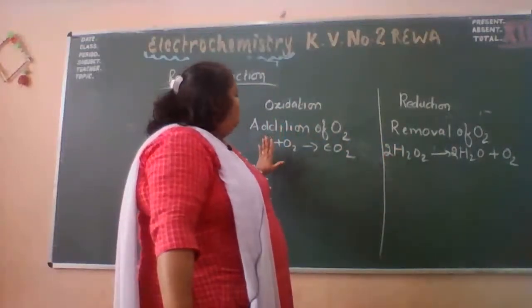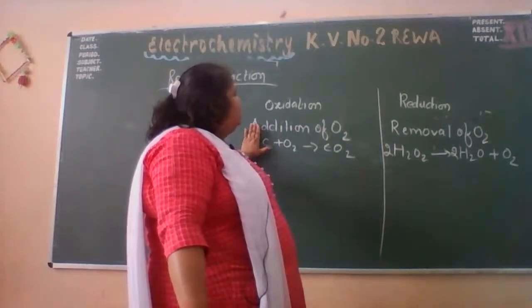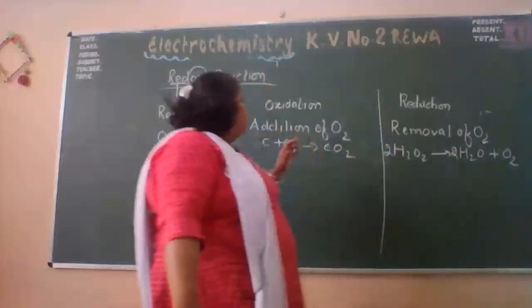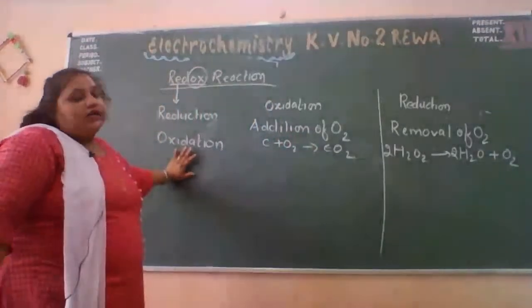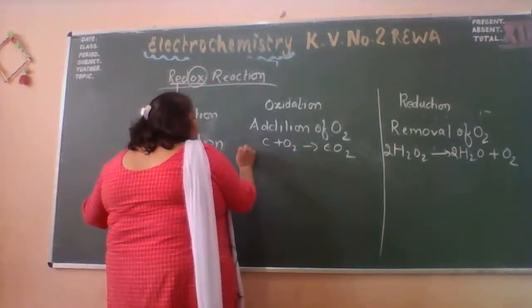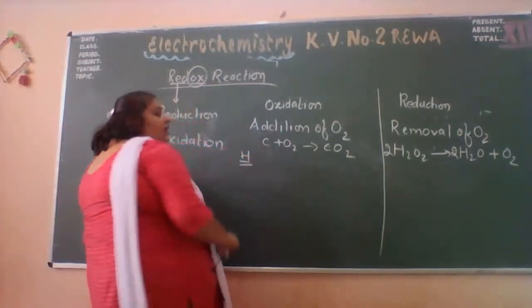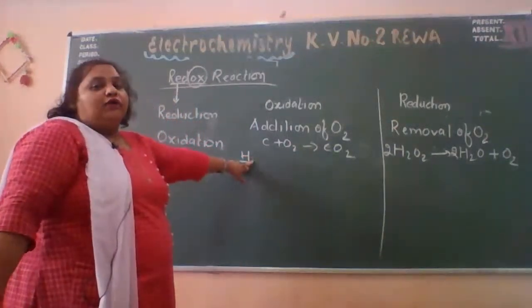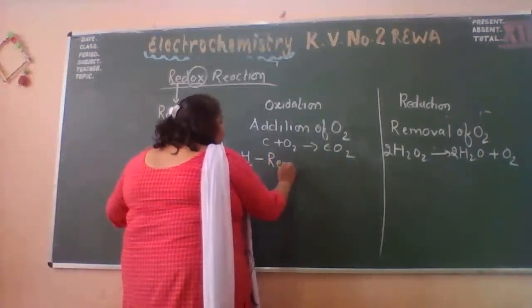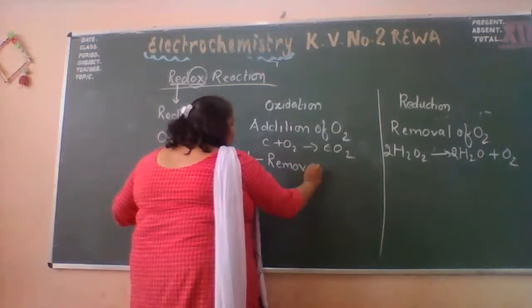So addition of oxygen is called oxidation, and removal of oxygen is called reduction. The second way is in terms of hydrogen. Please see here, it is the removal of hydrogen.